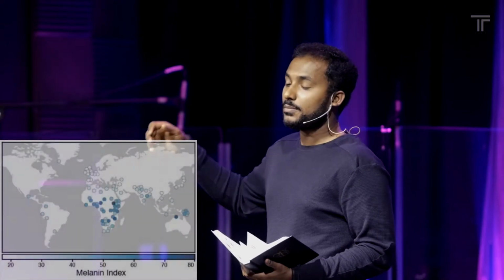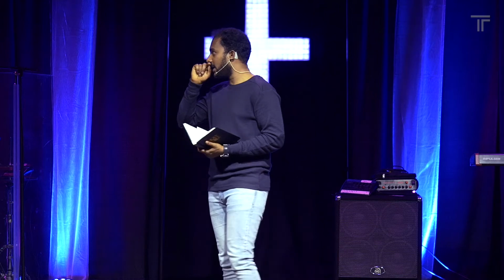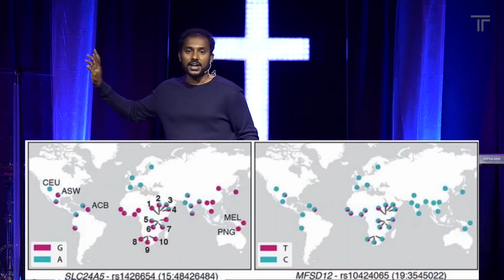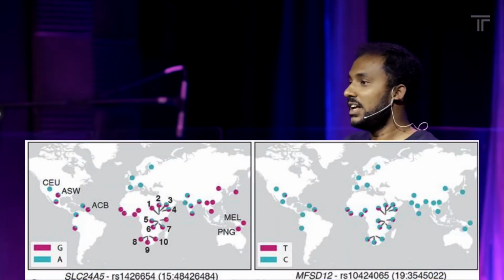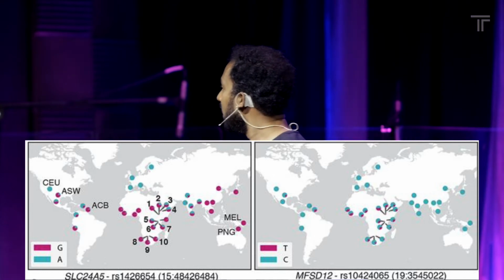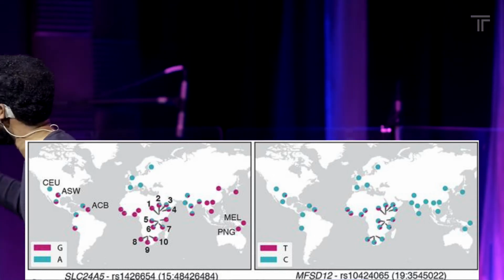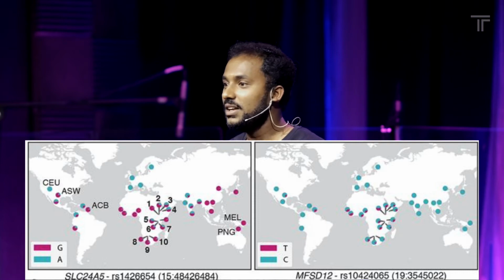So they sampled people from all these places, and you know what they found out? All this pigmentation variation can be mapped to just 4 letters in 4 locations of the DNA. If you look at the first figure, you will see that there are 2 locations in these 3 billion bases where you can have a G or a T. If you have a G, you have one color.